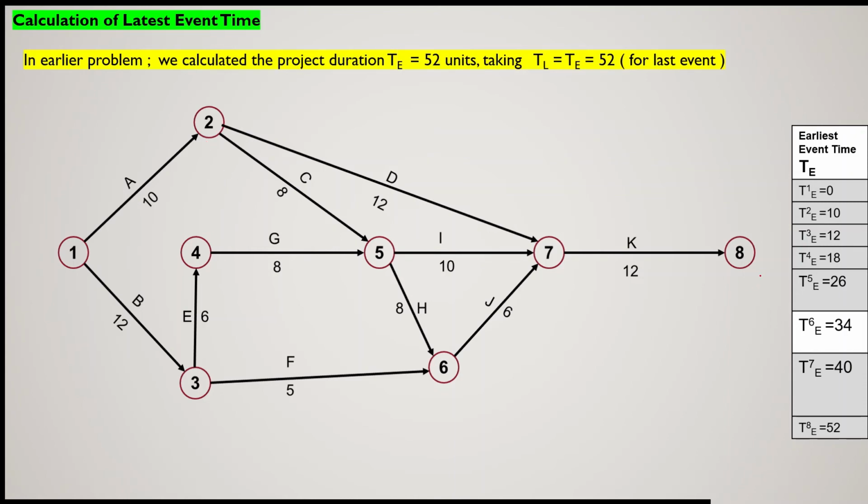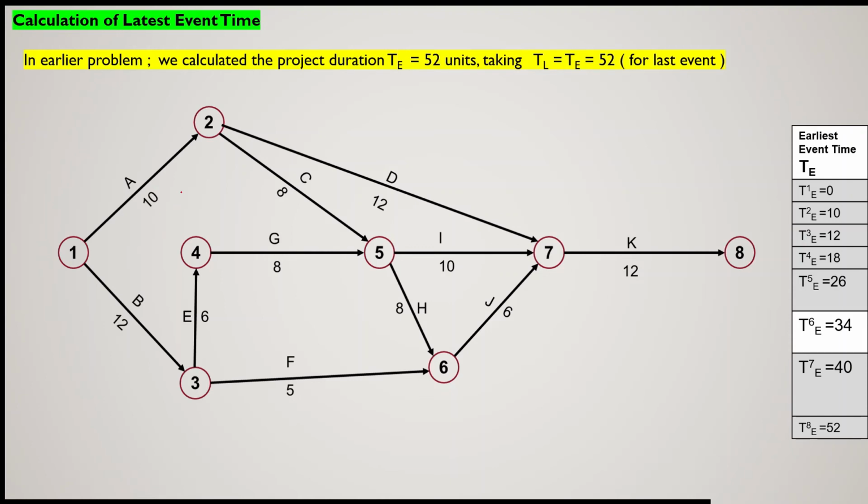Now we will solve for the latest possible time of occurrence of event number 2. Suppose, for example, the latest event time of event number 2 is 14. That means the earliest possible is 10 and the latest is 14, so we will have 4 days of time available to complete the activity.